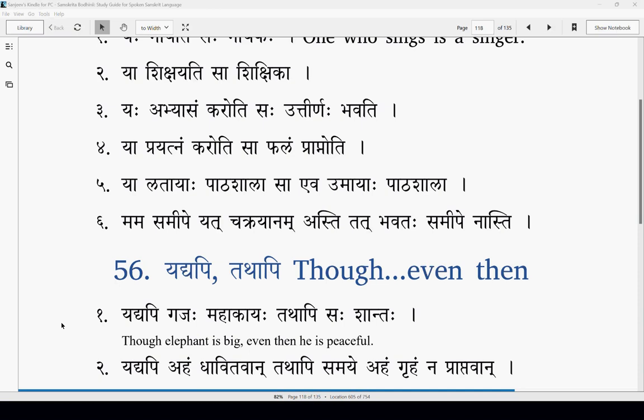Yeah, exactly. So it is the same thing. But then in number 6, the yat and tat, I think the first yat is like a Visheshan, but then the tat is like a Sarvanam for the Chakrayanam. Is that right? Yat chakram, that is also Sarvanama. Sarvanama is always there.